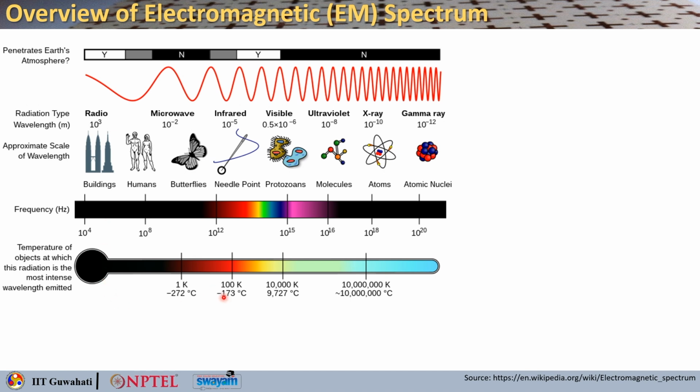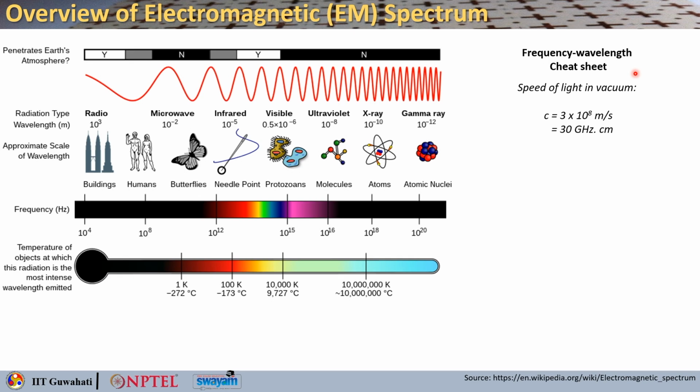What does it mean? If you take an object which is 100 Kelvin, or minus 173 degrees centigrade, that will do this black body radiation with the dominant wavelength in this particular range.